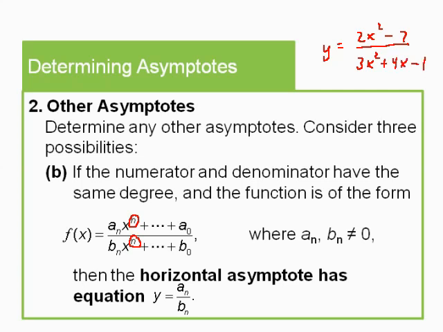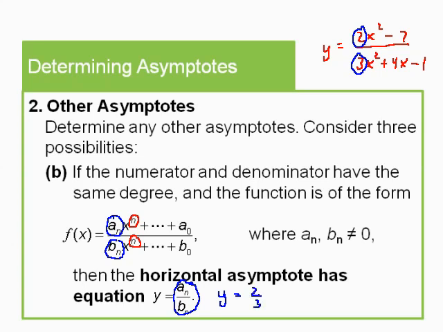I know some of you are going, Young, you're scaring me. Now, to get the HA on this one, when those degrees are the same, you just look at the coefficients in front of those degrees with the same power. So that's what they're saying here by this a to the n over b to the n. If those degrees are the same, it's just the numbers in front that would give you the HA.